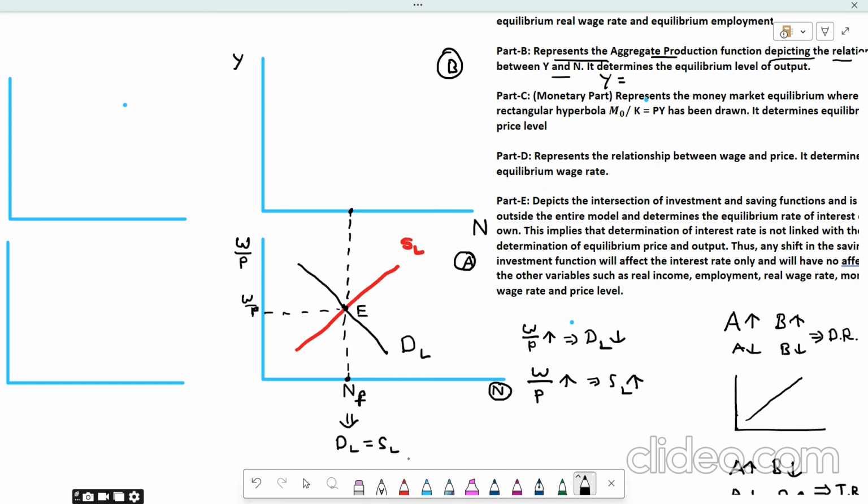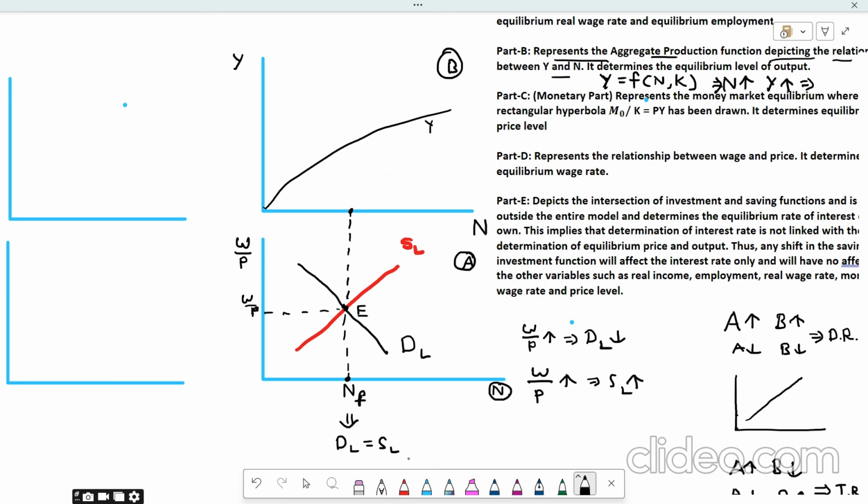Production function is basically Y is a function of N and K. I have already shown it to you in the previous part. As N rises, that is labor employment or labor productivity rises, output will also rise. So it is a direct relationship, and the curve will be an upward sloping curve like this.